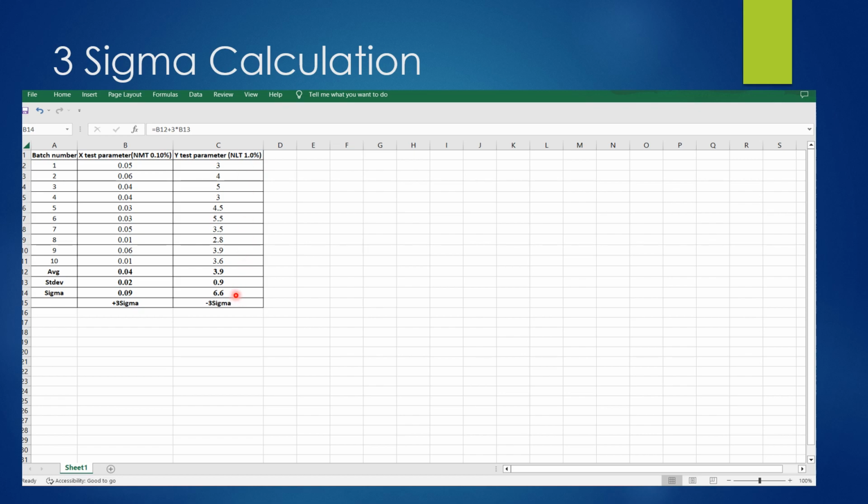But in this case, as the specification is not less than 1.0, we need to apply the minus 3 sigma value. So we are applying the minus 3 sigma value over here, and I have got my sigma value as 6.6. So this is how we calculate the 3 sigma value, and these 3 sigma values will be considered as the OOT limits for the particular year, and those limits will be used for the succeeding year.